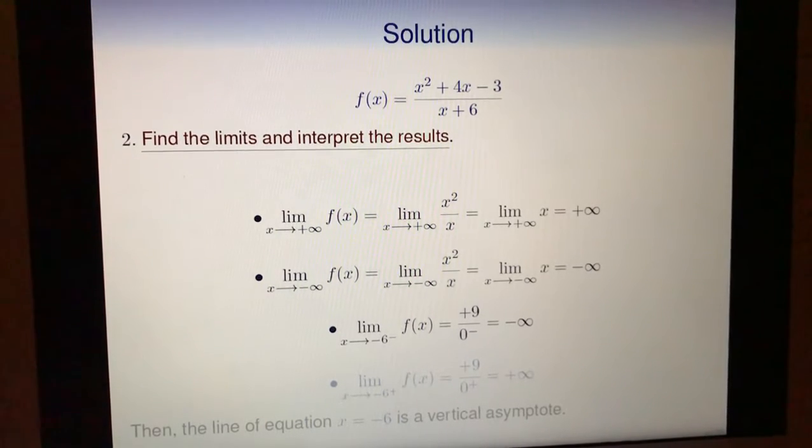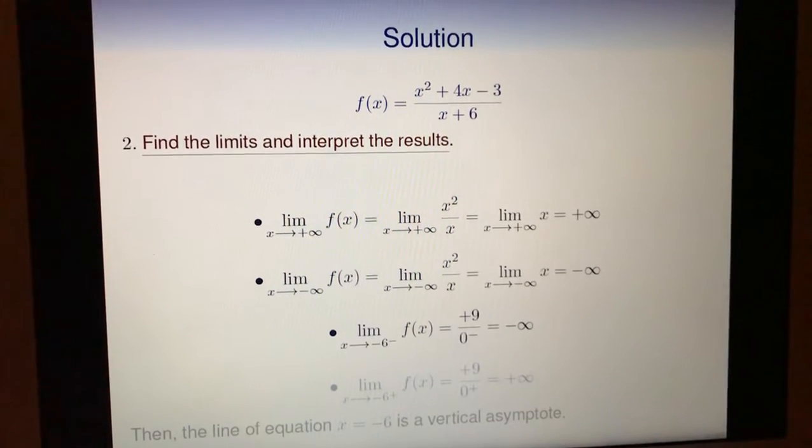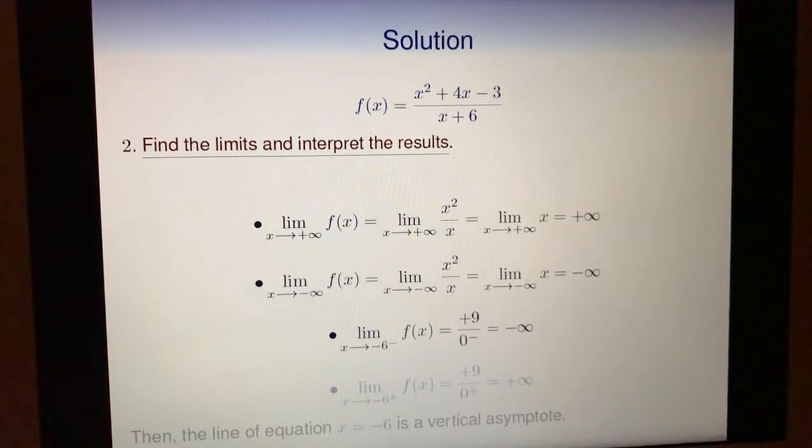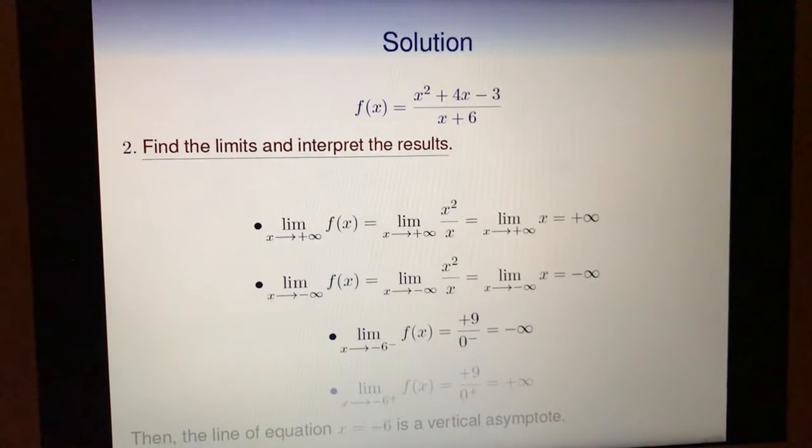To find the limit at minus 6, we need to calculate two limits, at minus 6 minus and minus 6 plus, because of the domain of definition. For the limit at minus 6 minus, we just replace x by minus 6 in the expression of f.